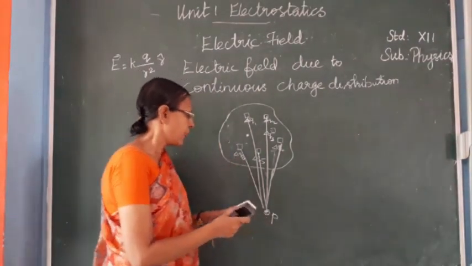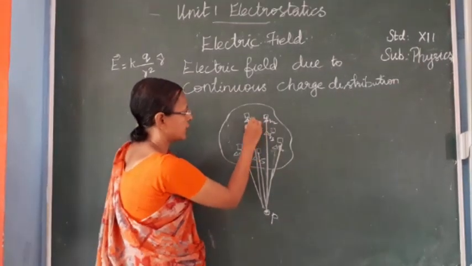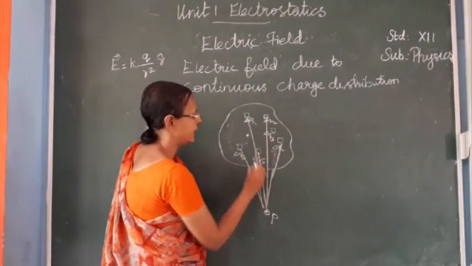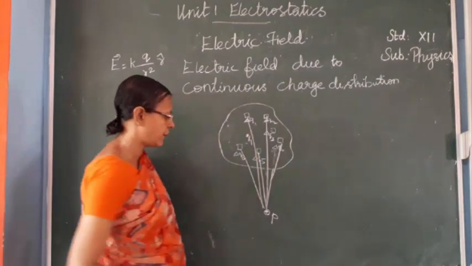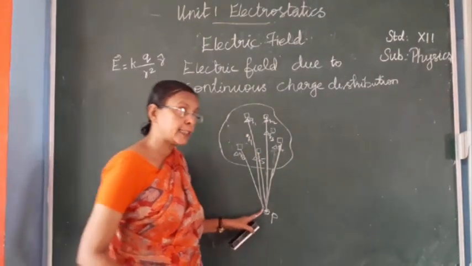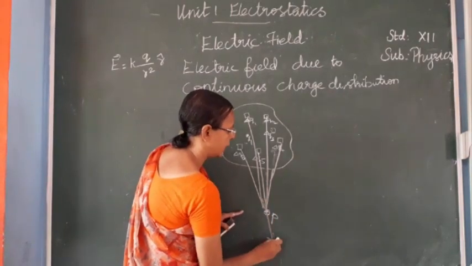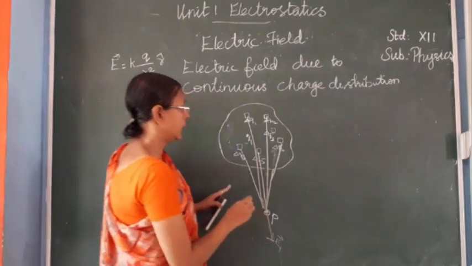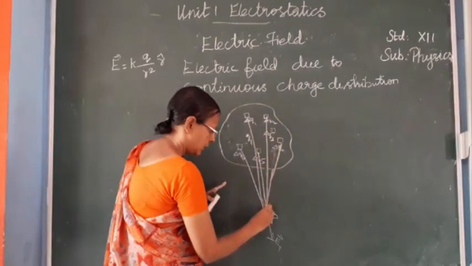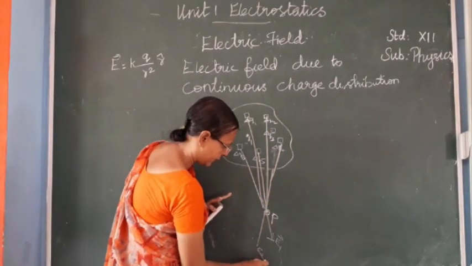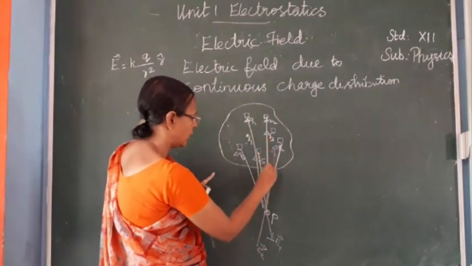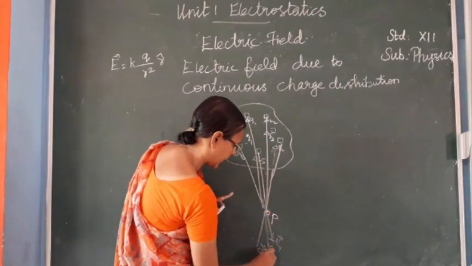We have divided it. Now the first charge is at a distance r1 from the point P, and it exerts electric field E1. Next, the second exerts electric field E2, the third electric field E3.